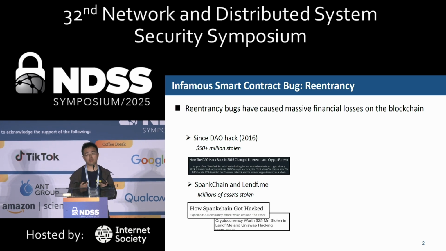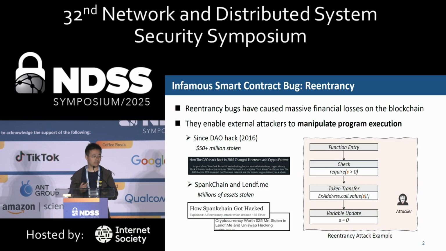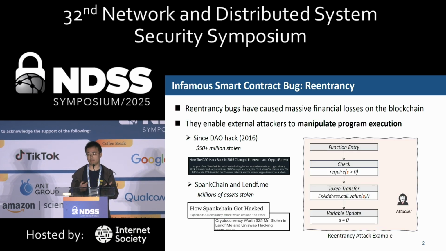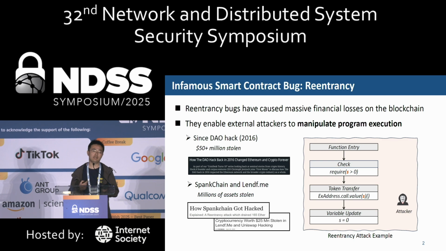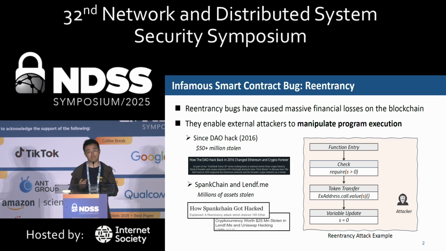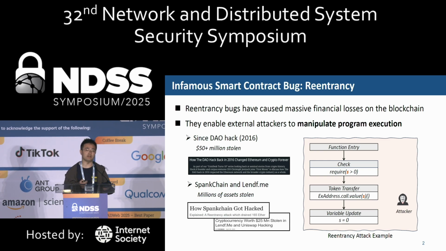How exactly do reentrancy attacks work? Basically, by exploiting reentrancy, the attackers can manipulate program execution. The right figure shows the key insight of reentrancy attacks. Firstly, the attacker calls a vulnerable function. Step 2, the function checks a certain variable s.